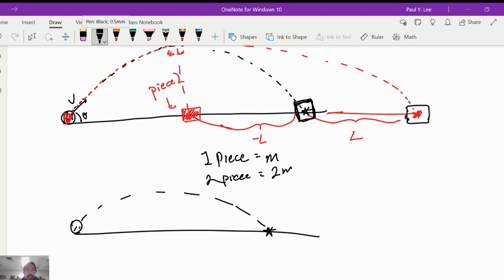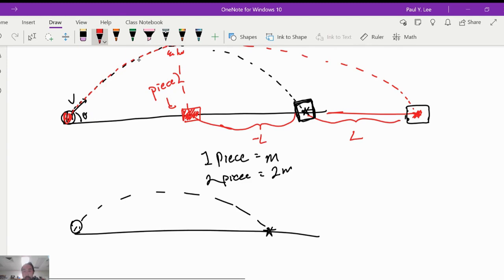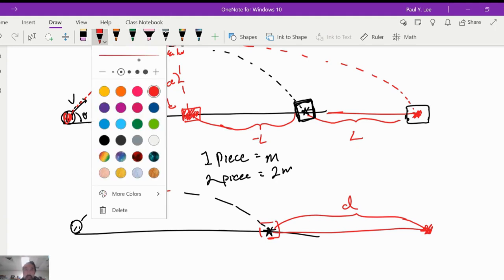Ooh, yeah. And so here's what we know. We know that piece 1, let's say it exploded up here, and it landed a distance of about here, so whatever this distance is, d. So that's pretty far away, right? And if we know that the center of mass should be right there, but piece 2 is twice as big, that means the center of mass is closer to the second piece.